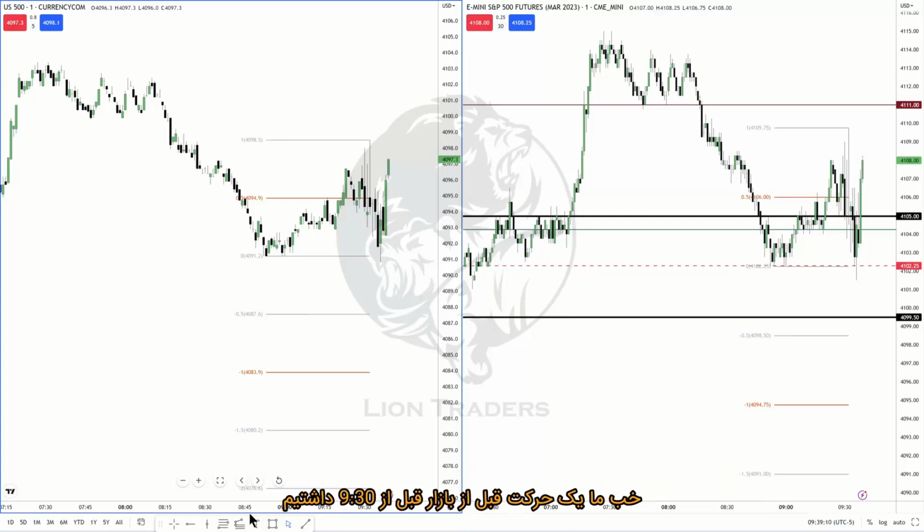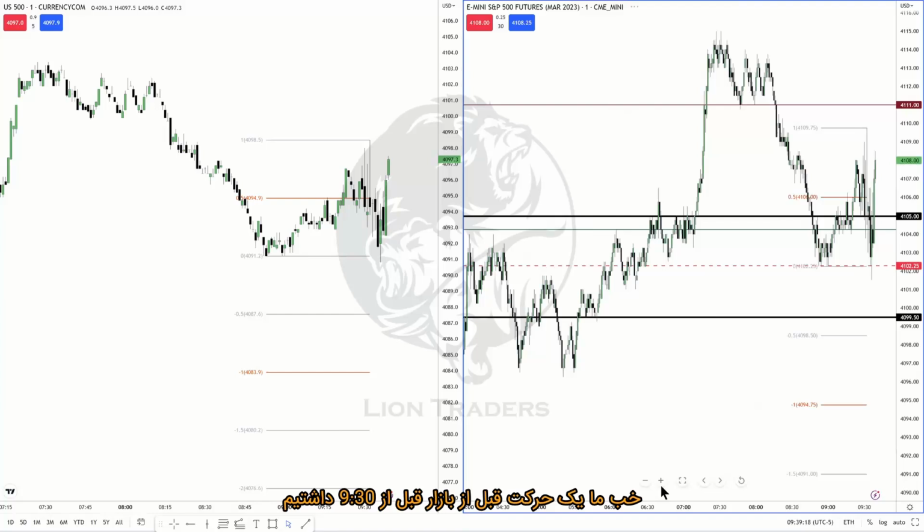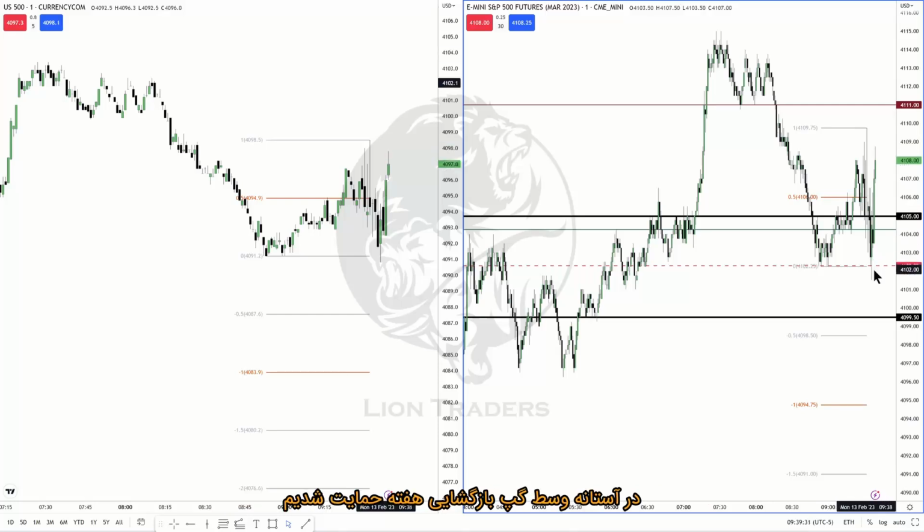So we had a run pre-market for 9:30. Made an attempt to get down to Friday's close after opening at 9:30. Found some support at the consequent encroachment of the new week opening gap.